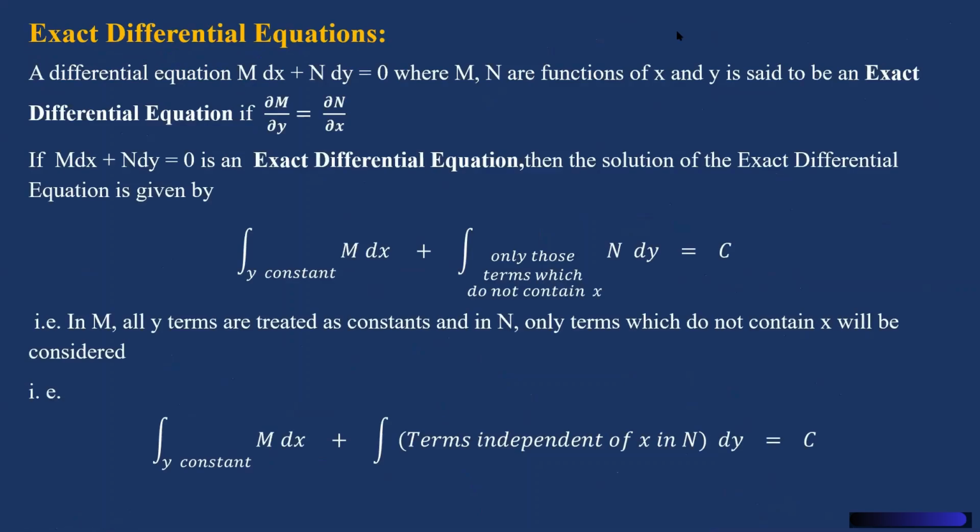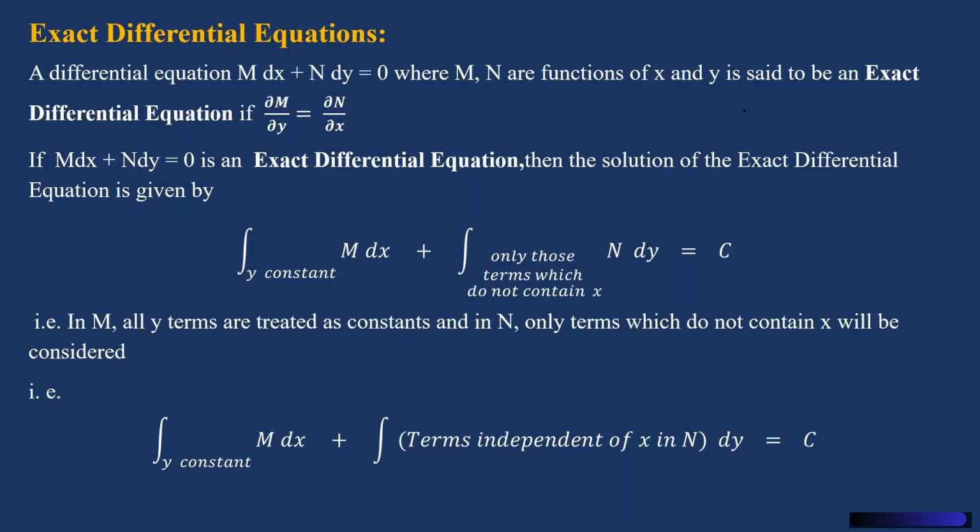Now, let me also discuss exact type differential equations. Look at this. We had seen the variable separable method, linear type differential equations, and then some non-linear type differential equations also. Now there is one more type of differential equation for which we can find the solution, which is exact type differential equations. When we call a differential equation exact, look at it this way.